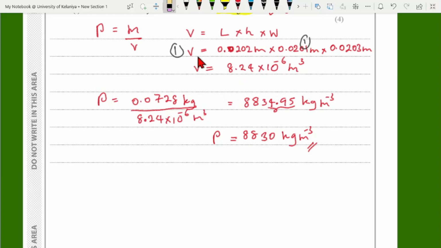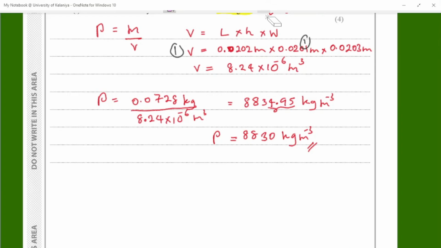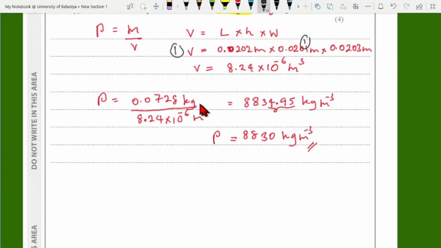Then for applying volume equals length times height times width, with correct substitution, you will get another mark, so 2 marks. And for applying rho equals m over v, mass per unit volume, 1 mark. And for the final answer, 1 mark. Right.